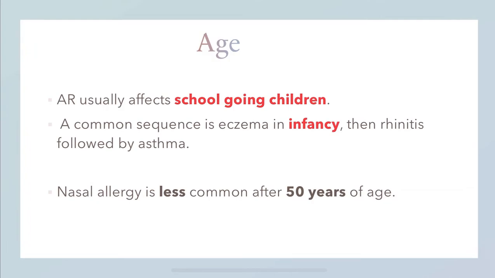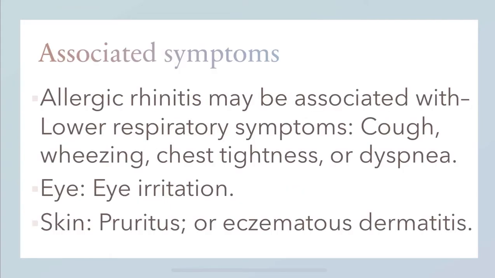Age. Allergic rhinitis usually affects the school going children. A common sequence is eczema in infancy, then rhinitis followed by asthma. So in the infancy, the sequence is like eczema, then comes rhinitis followed by asthma. Nasal allergy is less common after the 50 years of age.